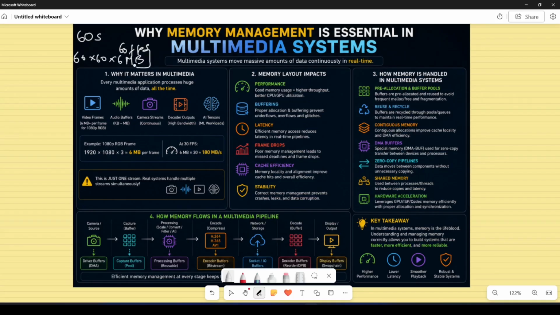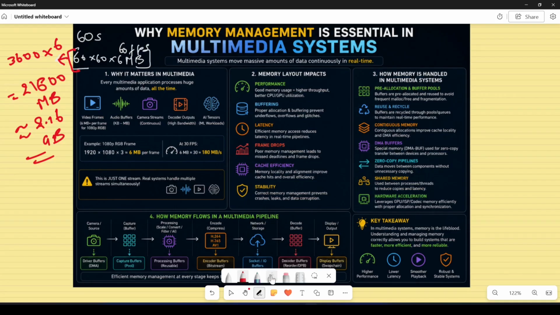If we calculate this, it is around 3600 into 6 MB. Roughly 1 minute of video will have around 2.16 GB of data.